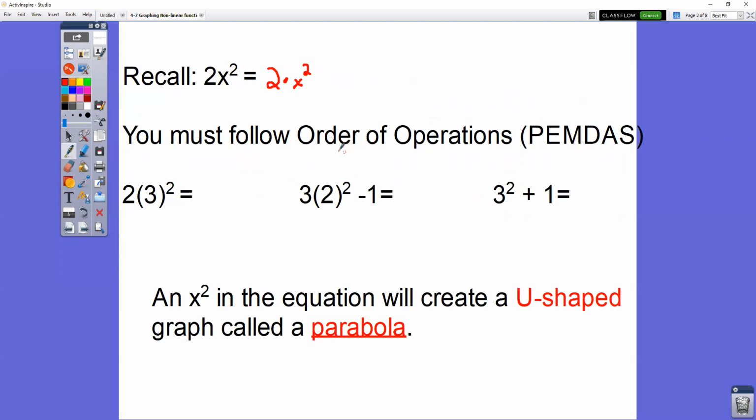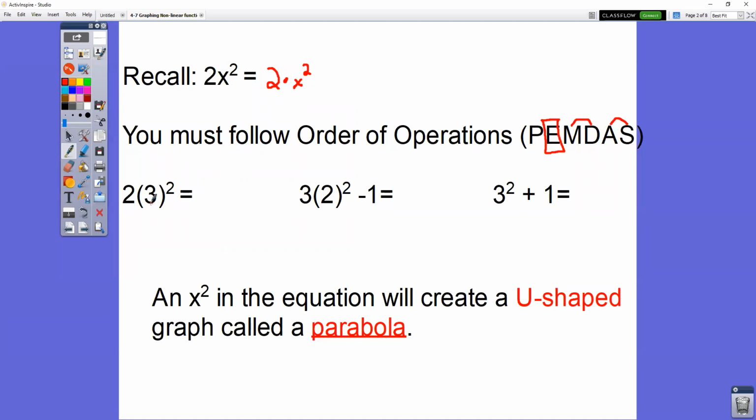When you go to do this, you have to make sure that you follow order of operations, PEMDAS. Please excuse my dear Aunt Sally, however you learned it. You have to make sure that you're doing the E first. The E stands for exponents. You have to do the exponents before you multiply or divide, before you add or subtract. So please make sure that you're always doing your exponents first.